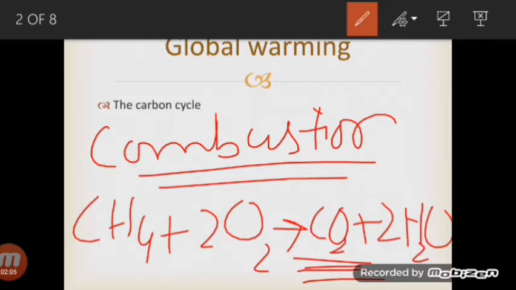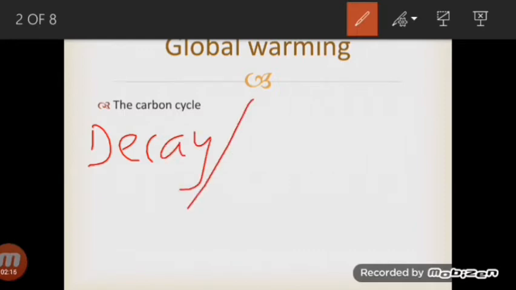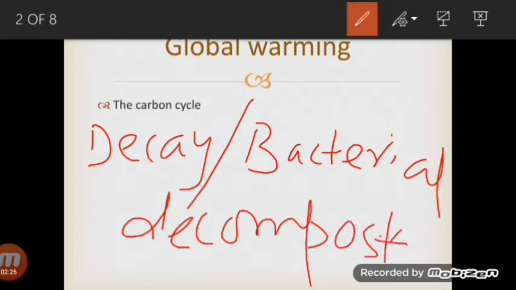Another method to add carbon dioxide into the atmosphere is decay and bacterial decomposition. Now, what is bacterial decomposition and decay?